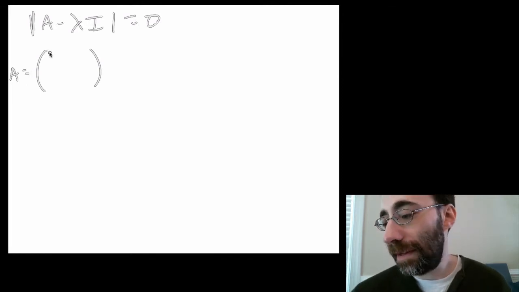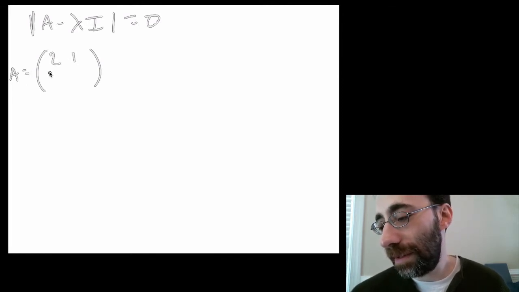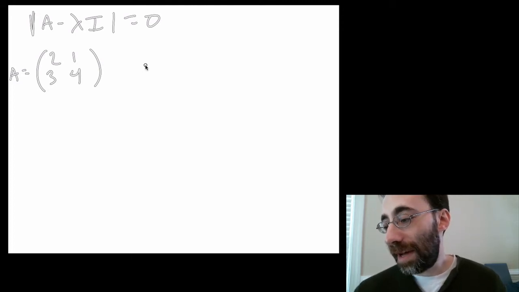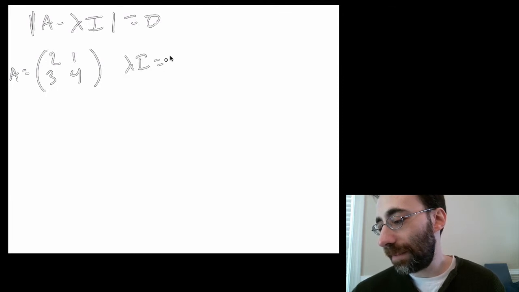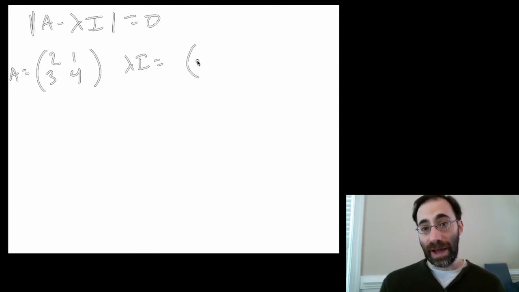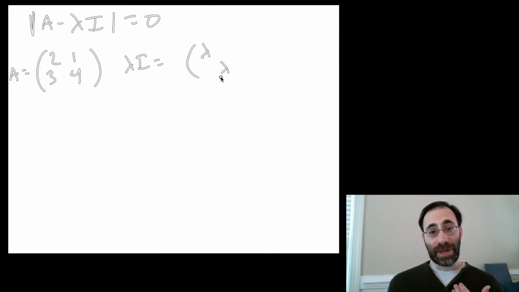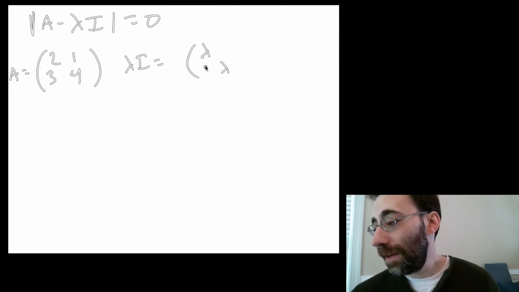We'll try it. 2, 1, 3, 4. There we go. There's our matrix. Now what's lambda I? Well, lambda I is a 2 by 2 identity times lambda, so we will have lambdas along the diagonal. Remember, multiplying by a scalar means you multiply each element by the scalar. 0 times lambda is still 0.